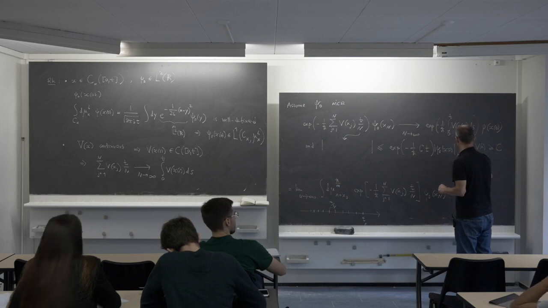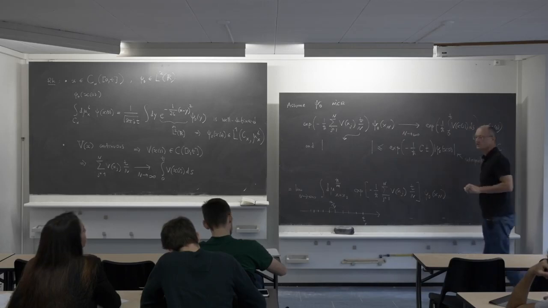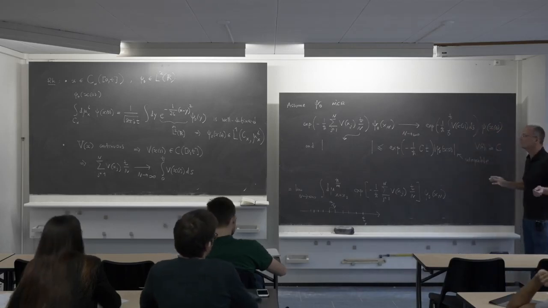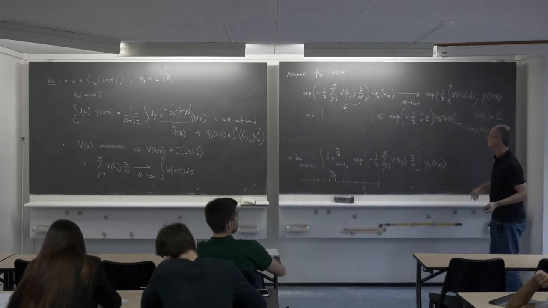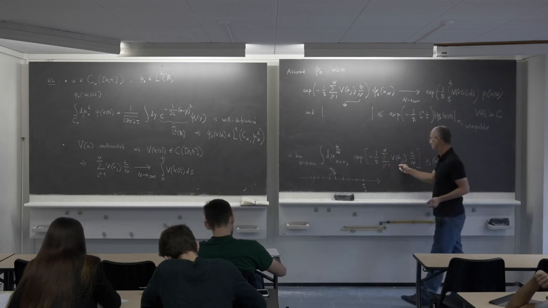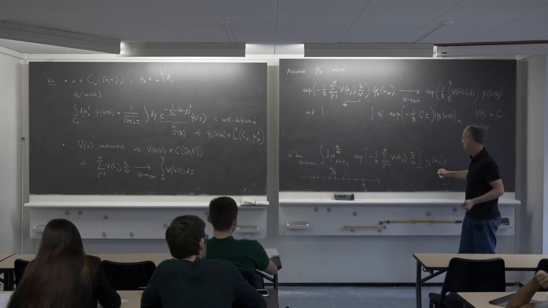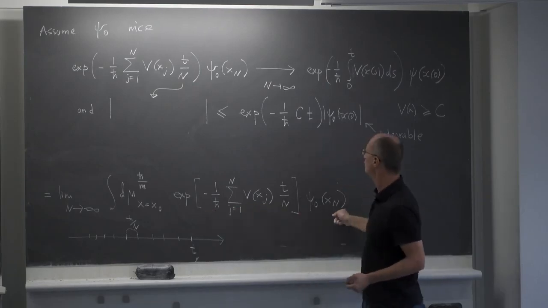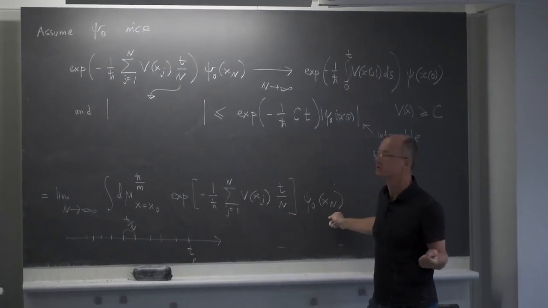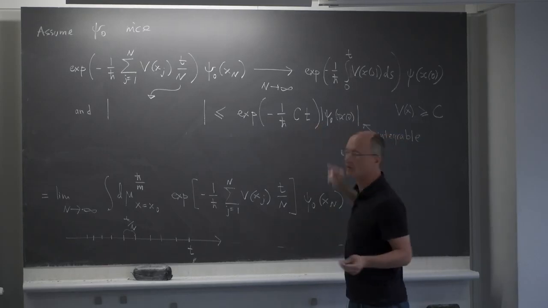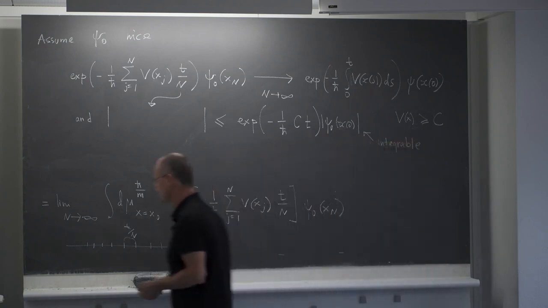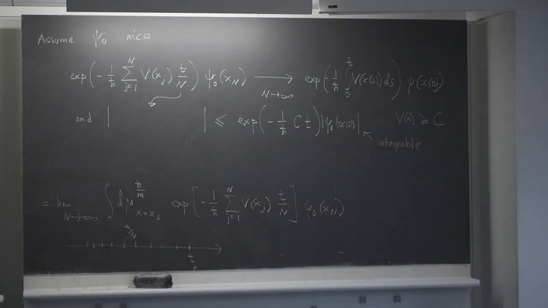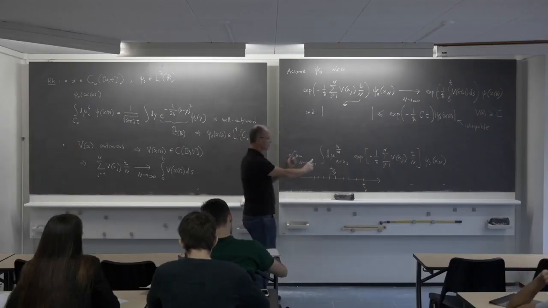And this is an integrable function. So again, I'm trying to bring it to dominated convergence. This expression for different n converges pointwise for every path, and it is also dominated by some function which is integrable with respect to the Wiener measure. So by dominated convergence, I can again exchange the limits.